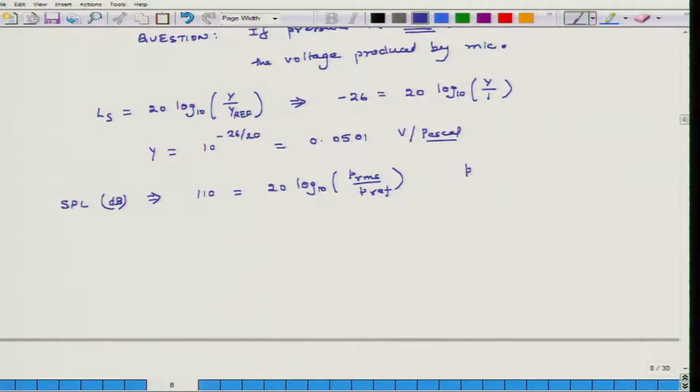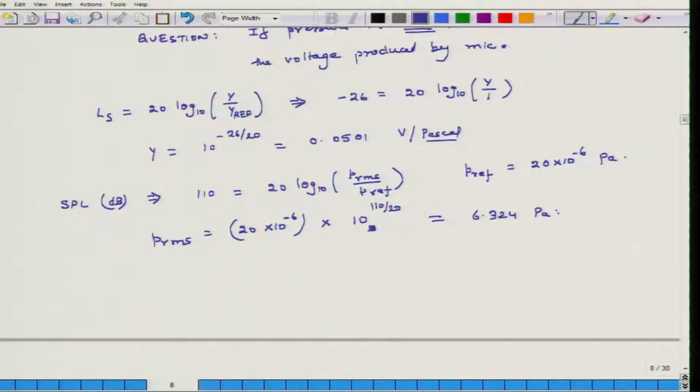And what is P ref? 20 times 10 to the power of minus 6 Pascals. So, P RMS equals 20 times 10 to the power of minus 6 times 10 to the power of 110 by 20. Understood? So, if you do the math, this comes to 6.324 Pascals, and this is the RMS value.